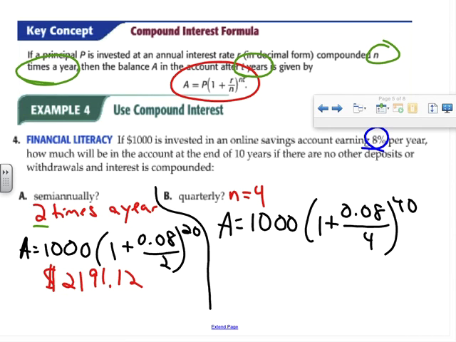And the rest is just calculator. At the end of 10 years, I will have $2,208.04. So you see a little bit of an increase in how much money I will have in my account if my interest is compounded quarterly versus semi-annually.